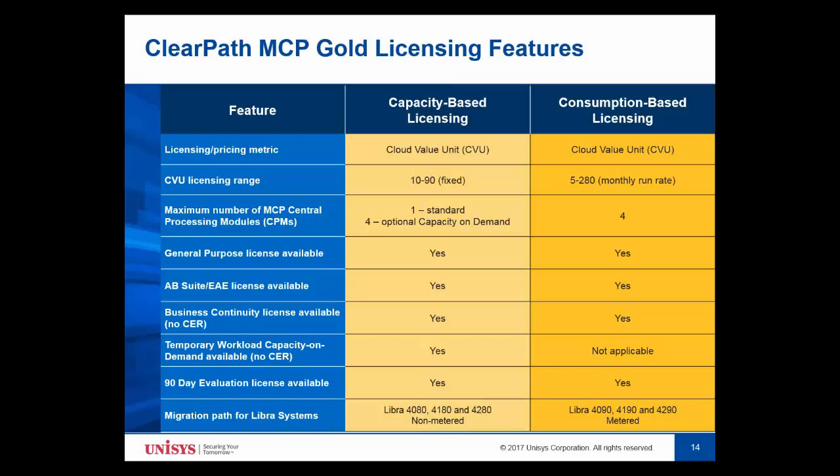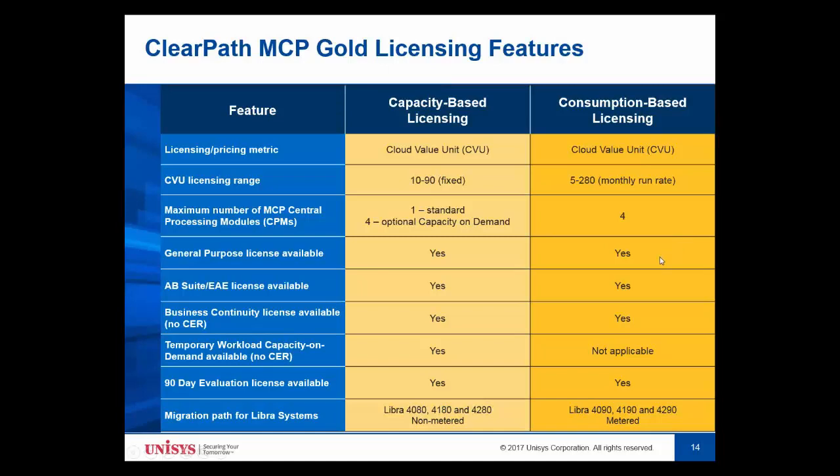For capacity-based, you have percentages of 1 virtual CPM, and then up to 1 virtual CPM with the optional capacity on demand for adding the additional 3 CPMs to be used as needed. For consumption-based, we have 4 standard virtual CPMs in all of the packaging.